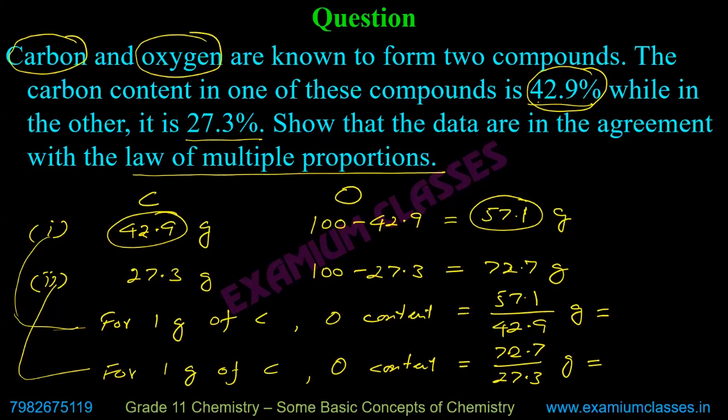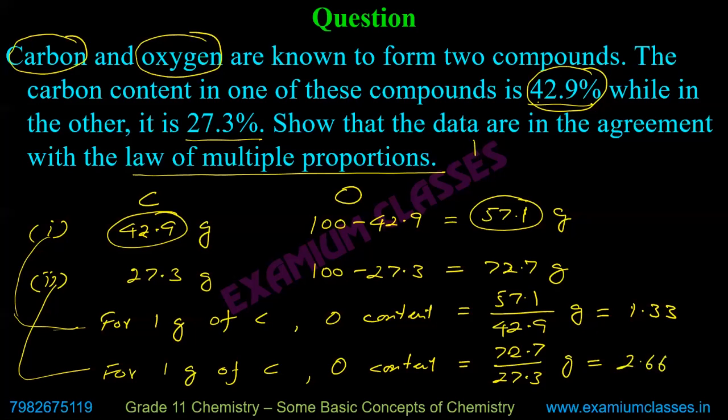57.1 divided by 42.9 will give you 1.33. And 72.7 divided by 27.3 will give you 2.66.